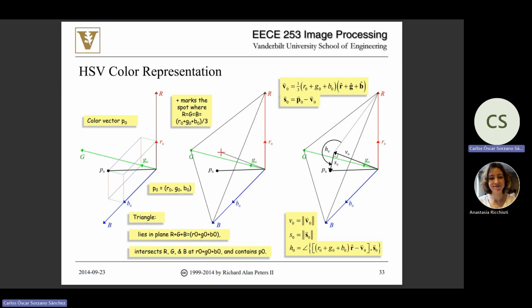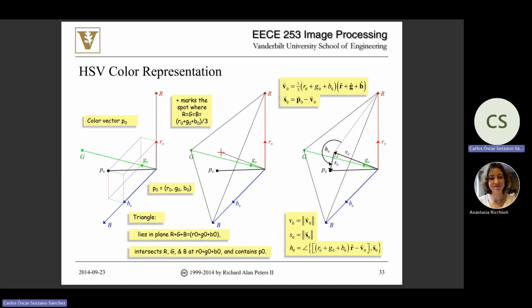And actually the letters in HSV are not random. V, we already understand, is for value. S is for saturation. Saturation is how far you are from gray. The farther you are from gray, the more saturated you are. If you are very close to gray, you are very little saturated.